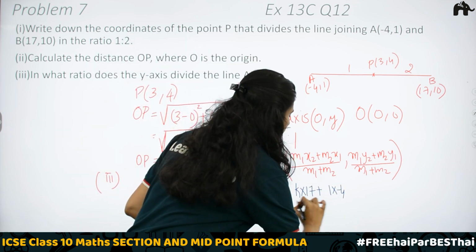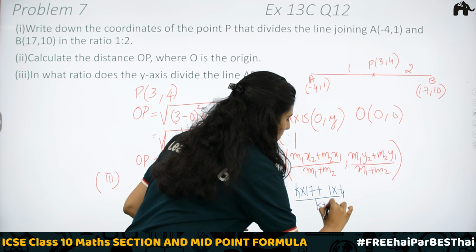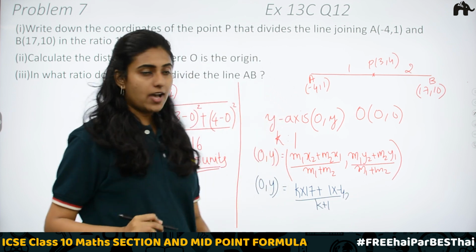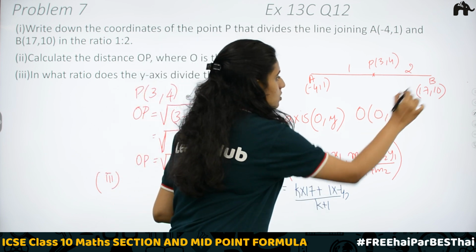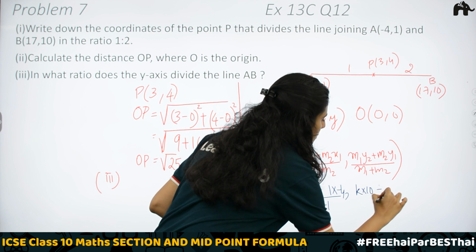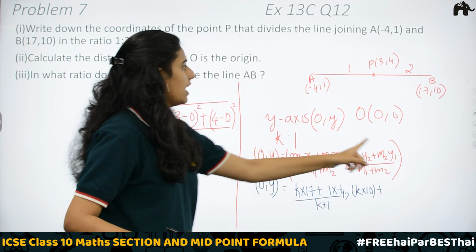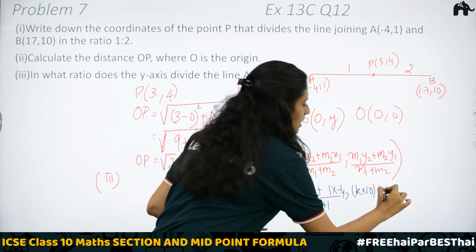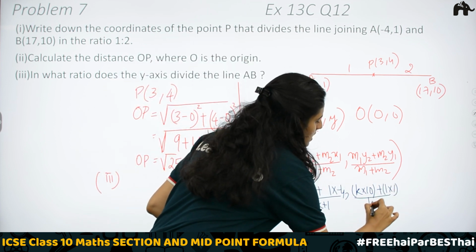Minus 4 divided by m1 plus m2 is k plus 1, comma, y part: m1 is equal to k and y2 is 10. k into 10 plus m2 y1. m2 is 1 and y1 is equal to 1. 1 into 1 divided by m1 plus m2 is k plus 1.